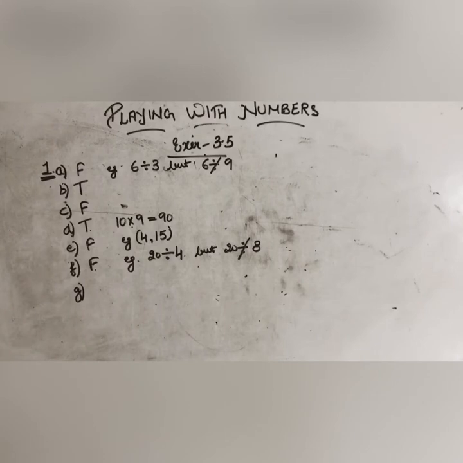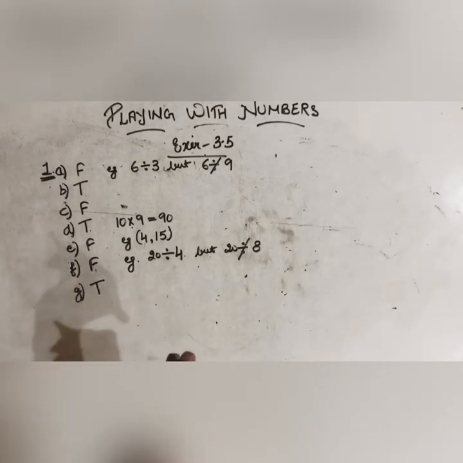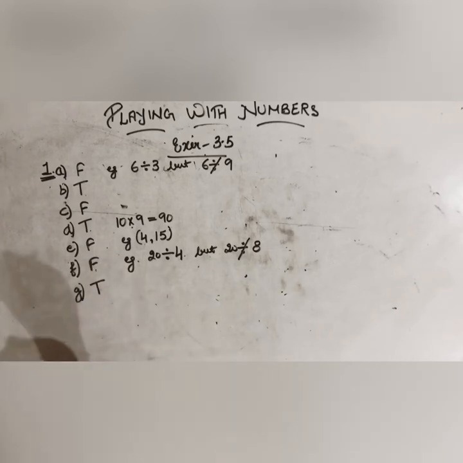Next, all numbers which are divisible by 8 must also be divisible by 4. True. The same part we did before, that if a number is divisible by a number, then it will be divisible by its factors also, and 4 is a factor of 8.